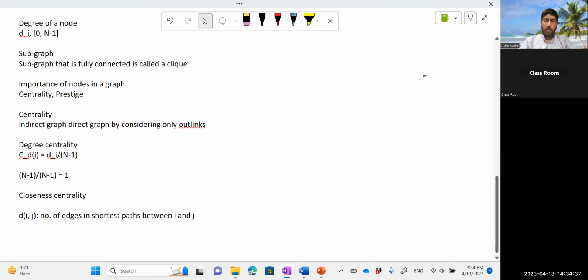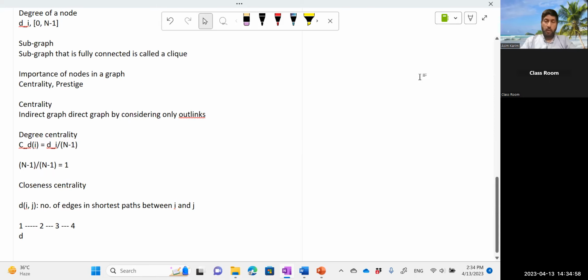So, for example, आपके पास if there are two links between two nodes, so let's say मेरे पास एक node, let's say one है node, and then you have the edge here, you have node 2, you have an edge here, node 3, you have an edge here, then you have node 4. So the distance between 1 and 4 would be equal to 3 because 3 edges.